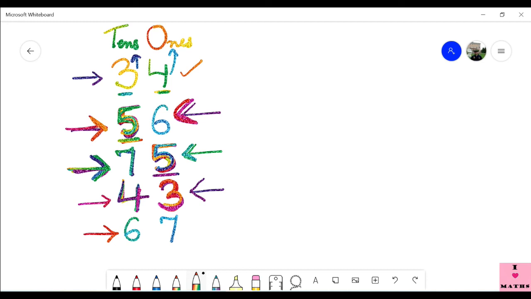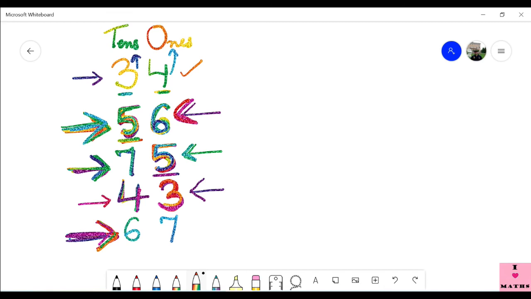Now look at the number 56 and 67. In both these numbers 56 and 67, we have the digit 6. In 56, the digit 6 is at ones place.